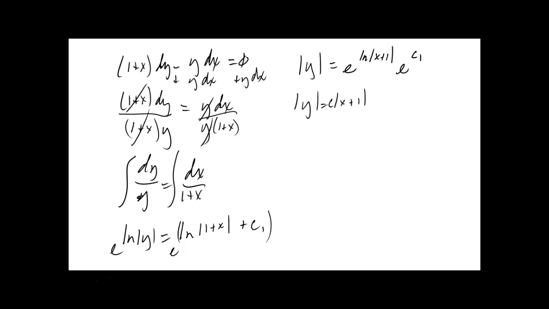The problem is you can incorporate that plus or minus into your constant and then go back to just being, and I probably shouldn't have done this quite so soon, y is equal to c times 1 plus x. Okay, let me go back and do it the same way they did. Sorry about that. Okay. 1 plus x. Okay. And there is your solution.